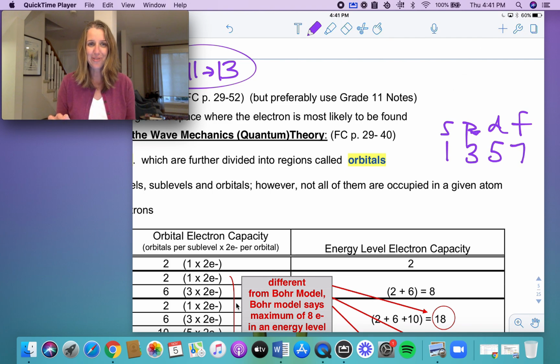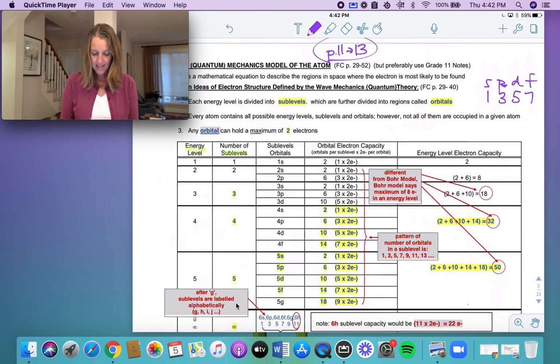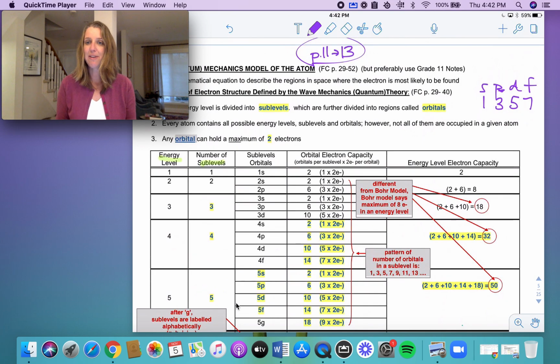And what does that remind you of? That just reminds you of how many different kinds of orbitals there are. There's 1 kind of s orbital, there are 3 p orbitals, there are 5 d orbitals, and 7 f orbitals. Each orbital has a max of 2 electrons, so just keep that in the back of your mind. The trend, and then you can see how many electrons are going to be found in each.